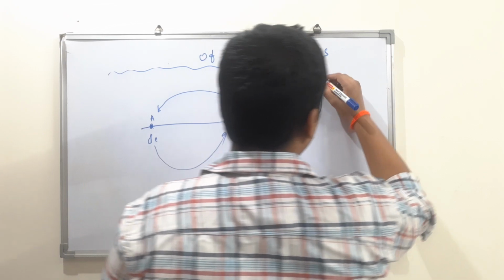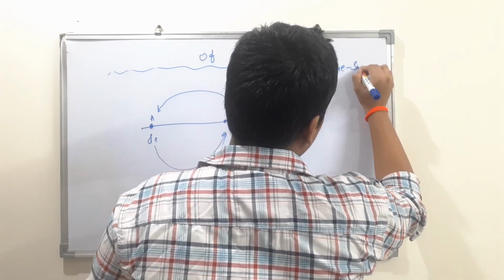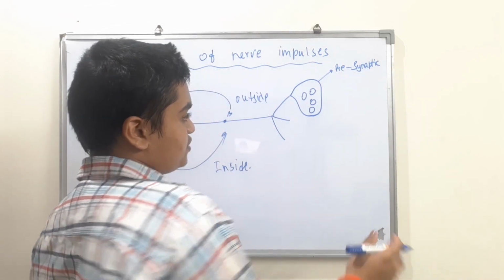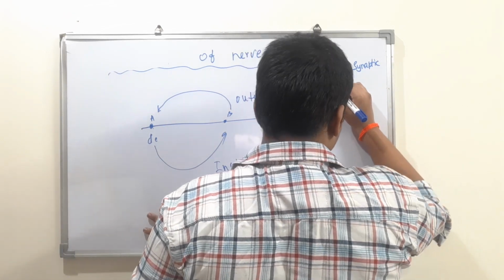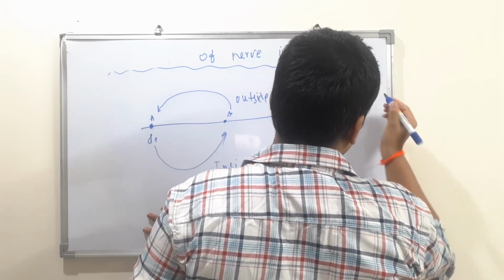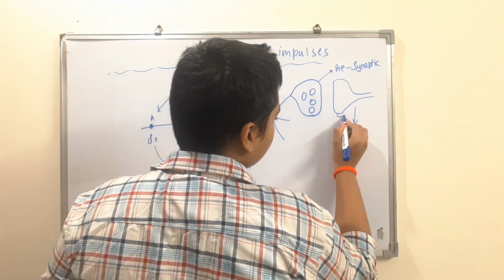This is your presynaptic membrane. I am showing you the synapse now. Here is your postsynaptic membrane. It can be a neuron, dendrite, anything. This is your postsynaptic membrane.